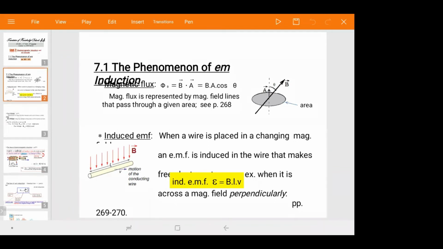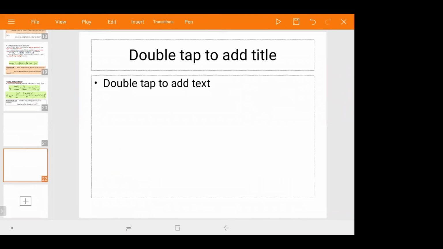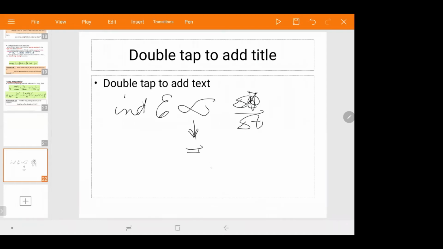It says induced EMF is directly proportional to the rate of change of flux. What I wrote in the numerator is change of flux. Then if you change the proportionality sign into an equality sign, all you get is simply capital letter N, a constant of proportionality. What is N?